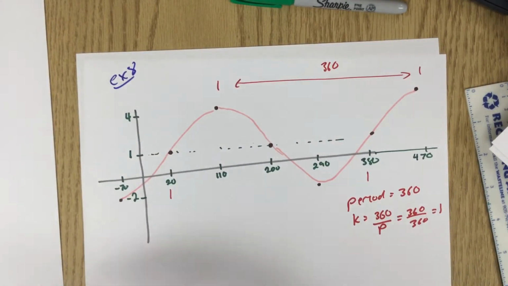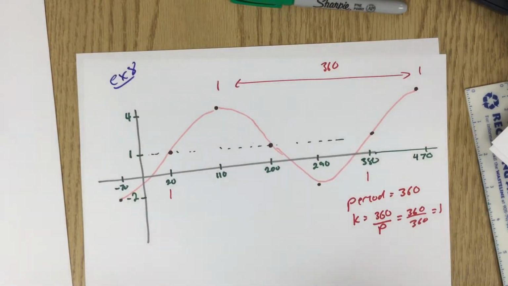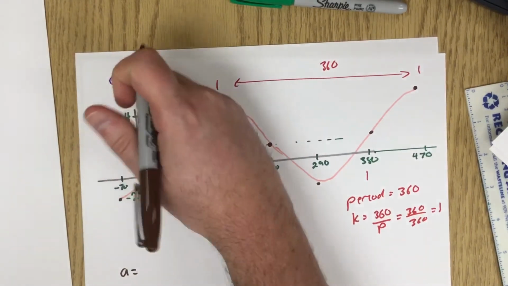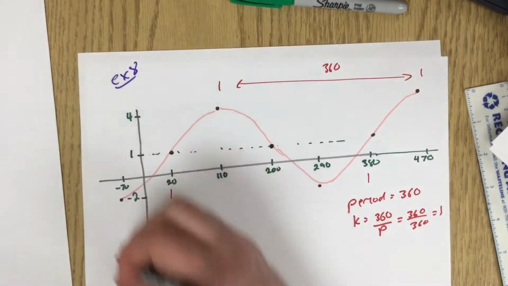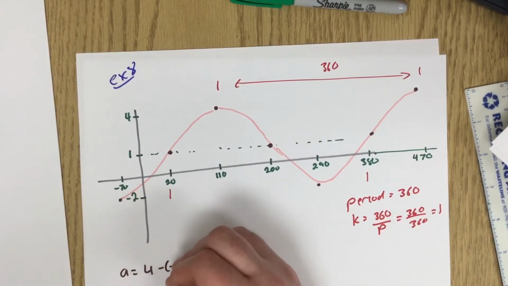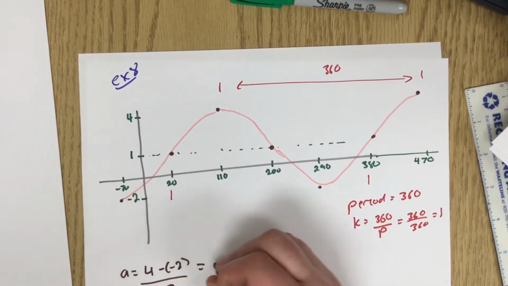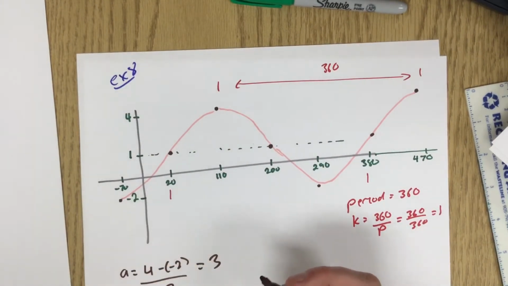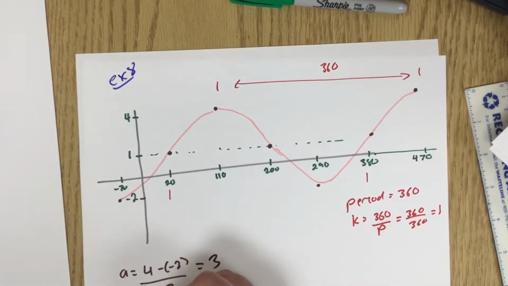We could find our other stuff. So we know that the amplitude is going to be the distance from there to there, or we could do max minus min divided by 2. Right, 4 minus negative 2 divided by 2, which is 6 over 2, which is 3. The d is going to be the average of them, 4 plus negative 2 over 2, which is 2 over 2, which is 1.